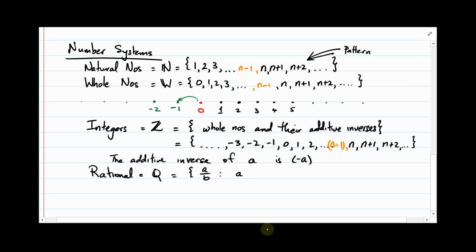It's the set of A divided by B, and this colon just means such that. A and B are members of, or belong to, the integers, and we also have that B is not equal to 0.